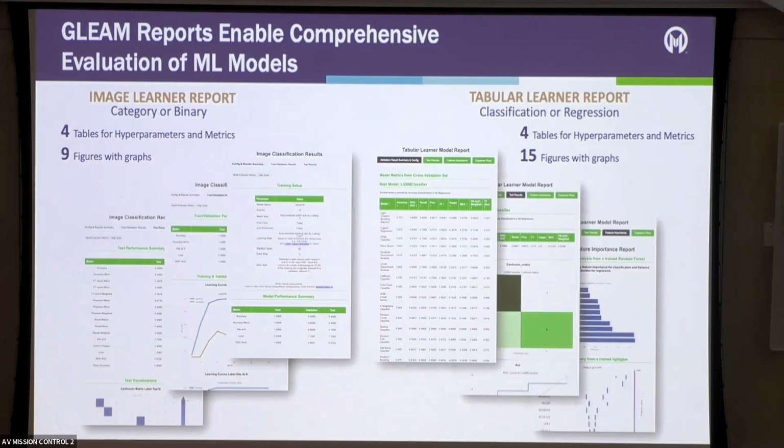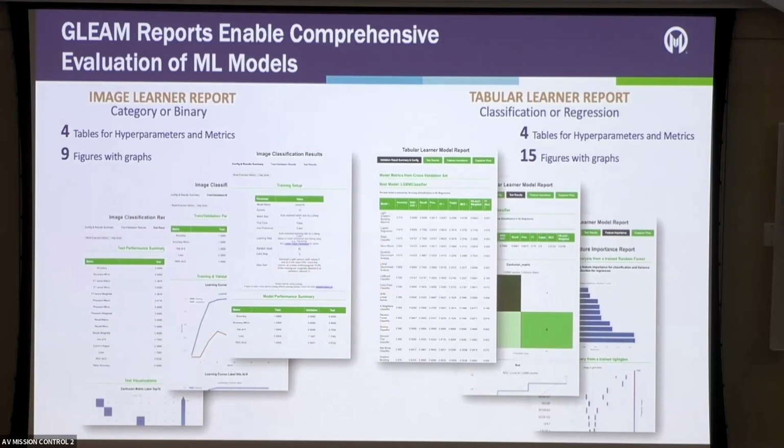And as I said, we want to have best practice, and GLIM has this amazing report that we are trying to make concise and also informative for the user. So eliminate that black box from machine learning.